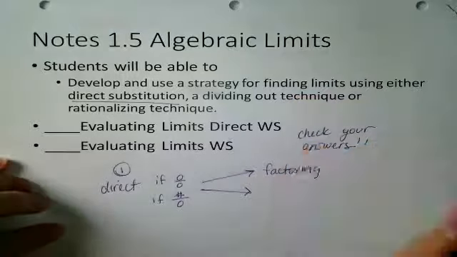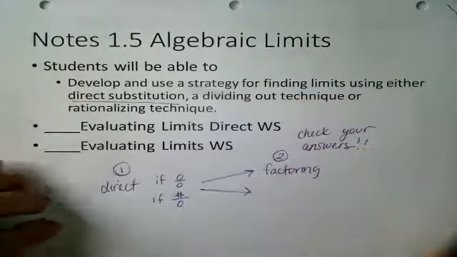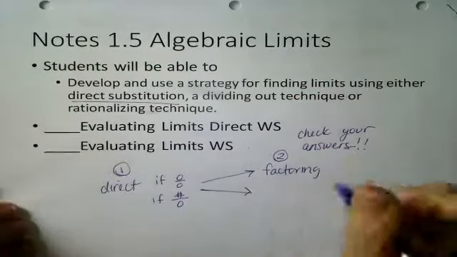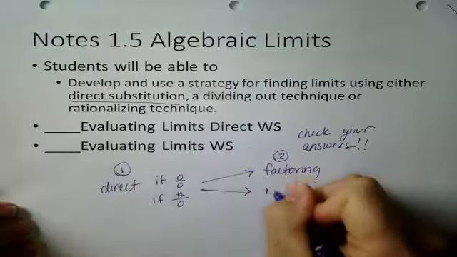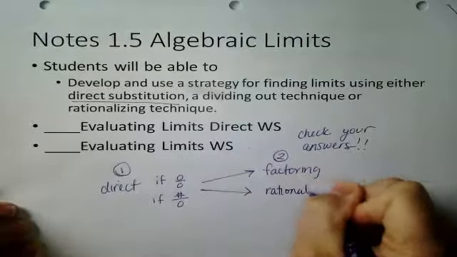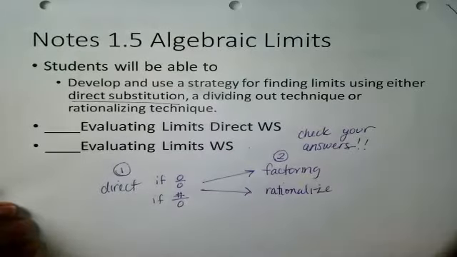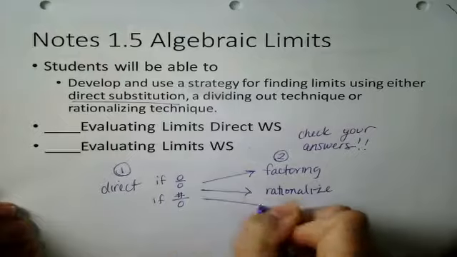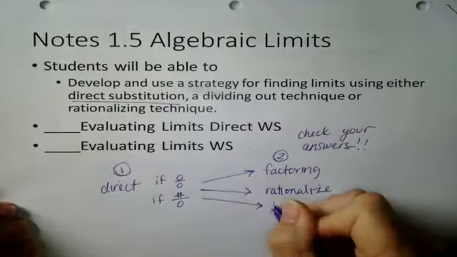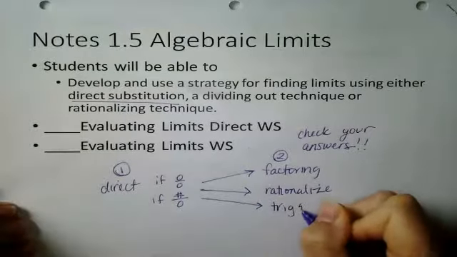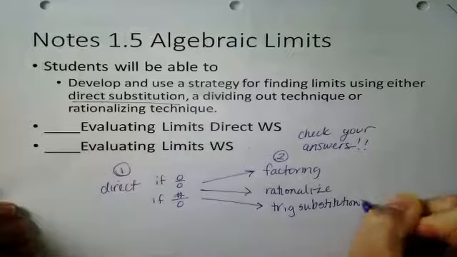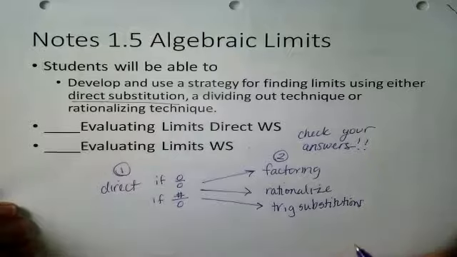That would be the dividing out technique, so factoring and reducing. Maybe you need to rationalize, and hopefully you'll start to see what those look like. Eventually we might do some trig substitution. We won't talk about that right now, but hopefully soon.